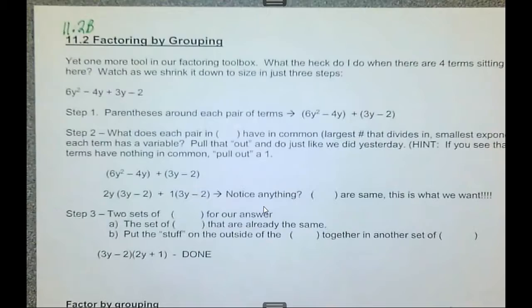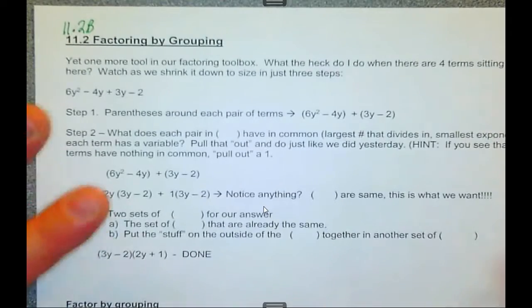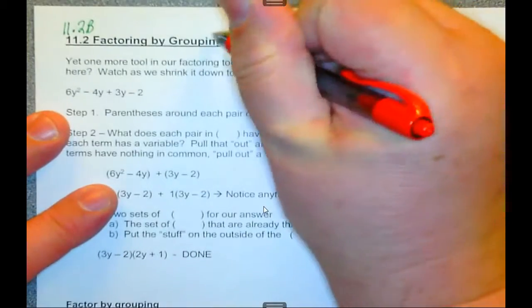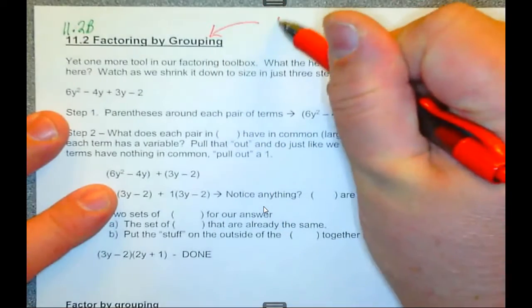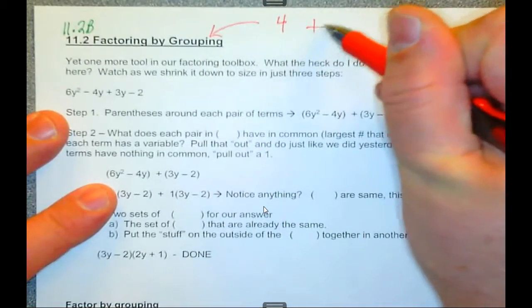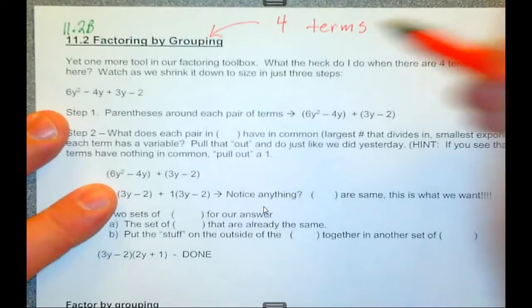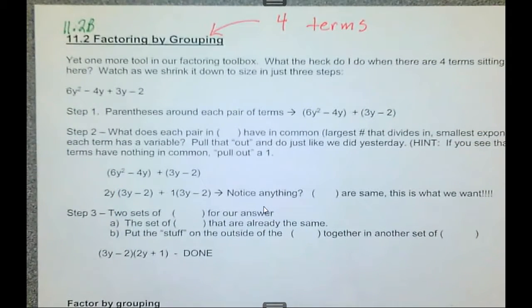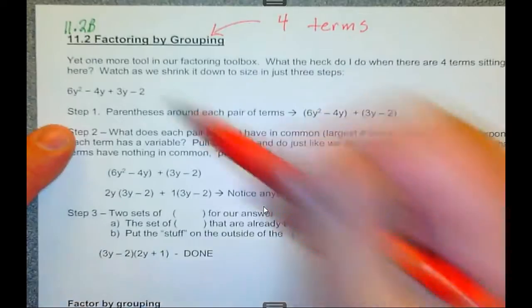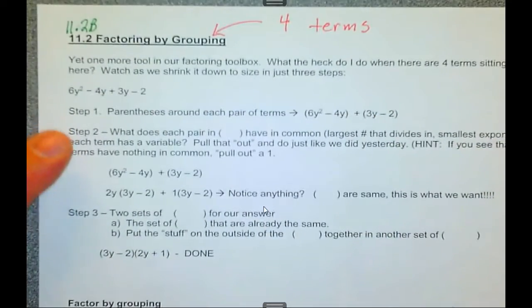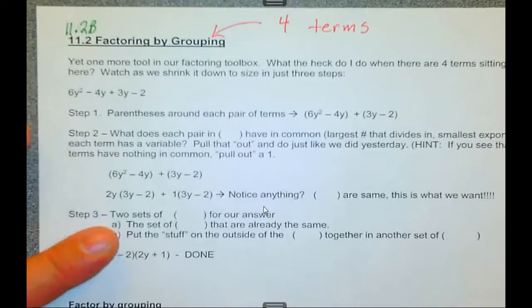And for us to use grouping, you have to have how many terms? Anybody remember? 4 terms, okay? You could use grouping on 3 terms, but there are easier methods. What I mean by terms is parts separated by a plus or minus sign.